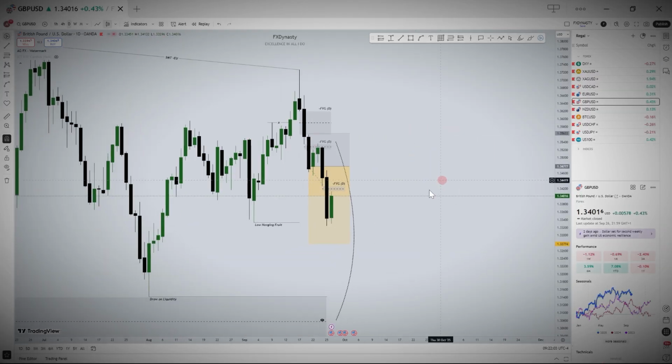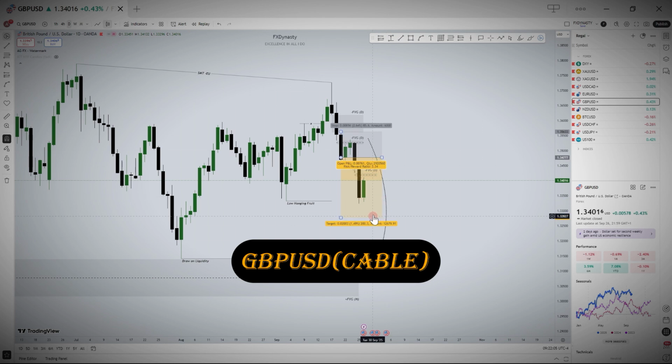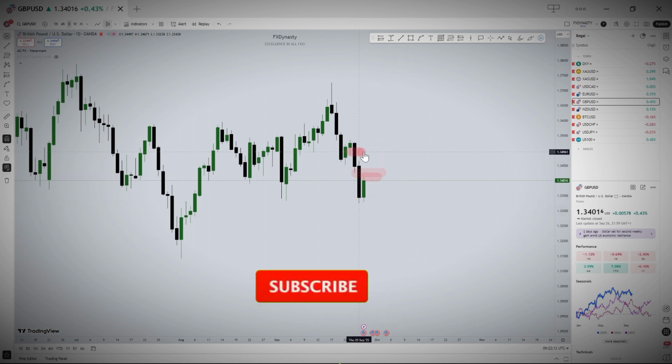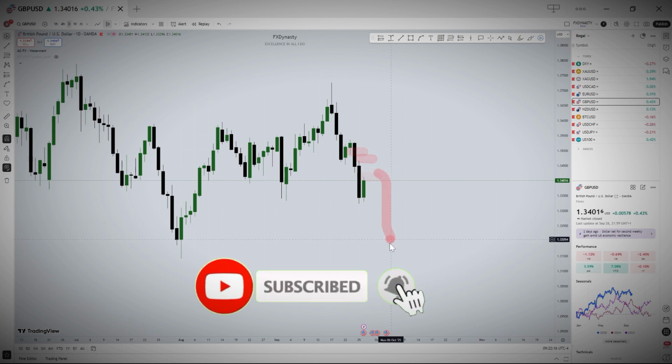And this is my GBP USD. You see I have a trade running. So I'm expecting continuation of the bearishness from this fair value gap here or this one towards this low.